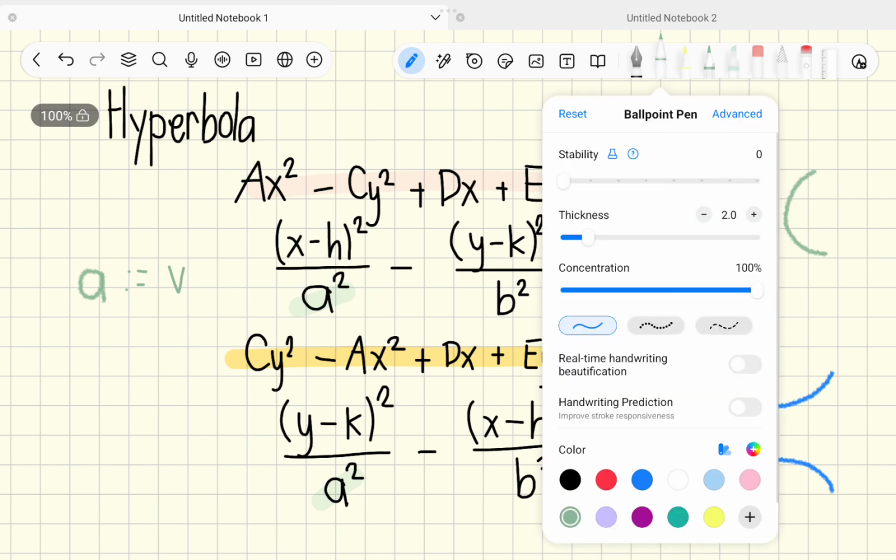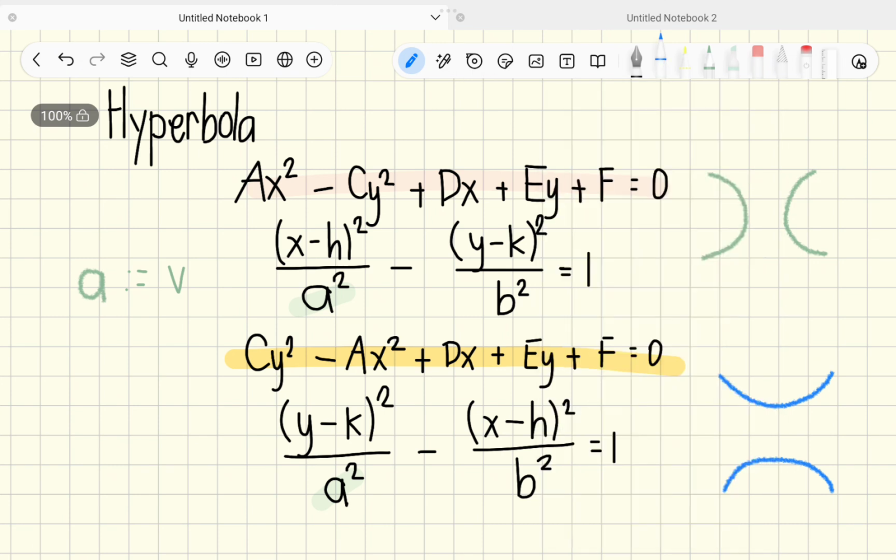But how do a and b relate? From a and b we can get c, which refers to the foci. We know that c squared is equal to, this time, a squared plus b squared.